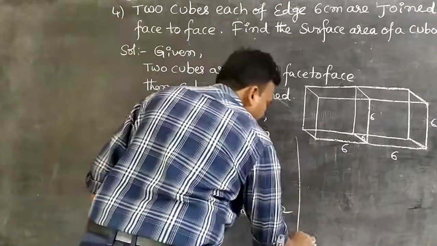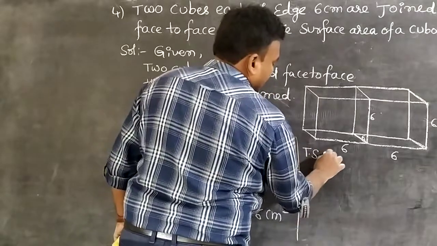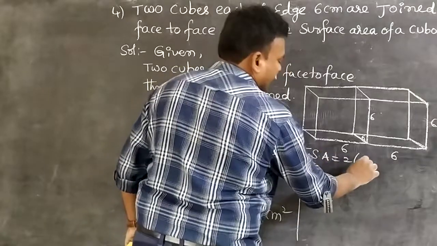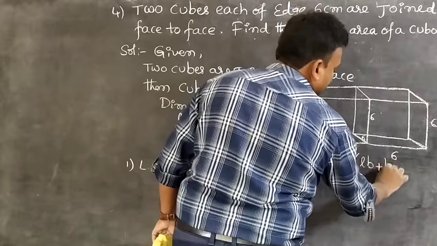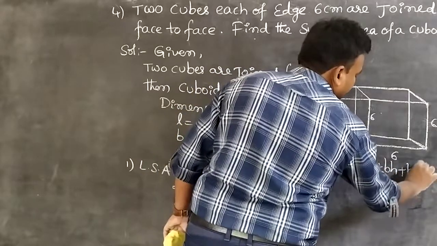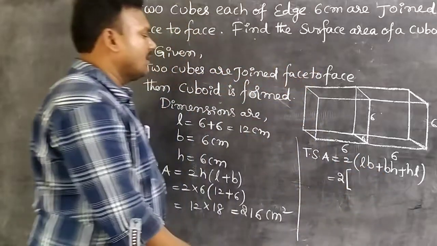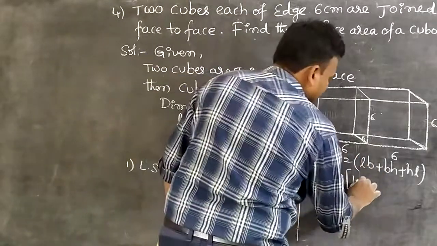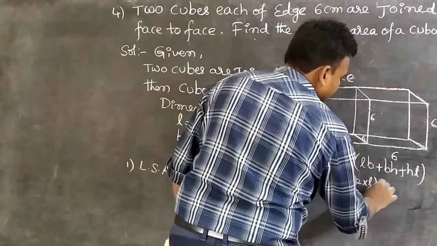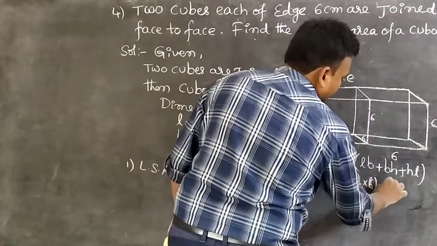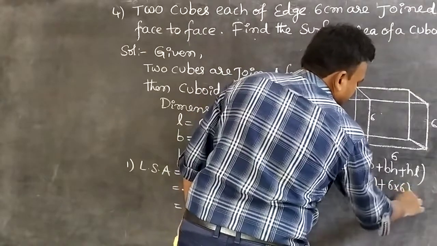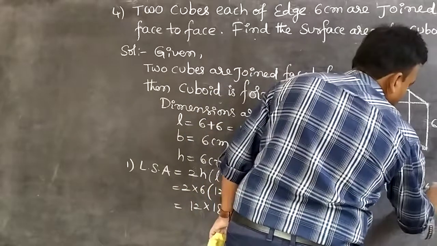Next, TSA, students. TSA equal to 2 of (LB plus BH plus HL). So it becomes 2 of L value 12, B value 6: 12 into 6 plus 6 into 6 plus 6 into 12.